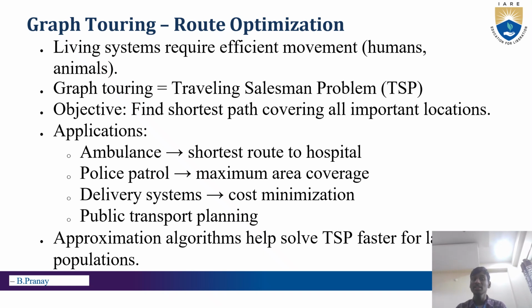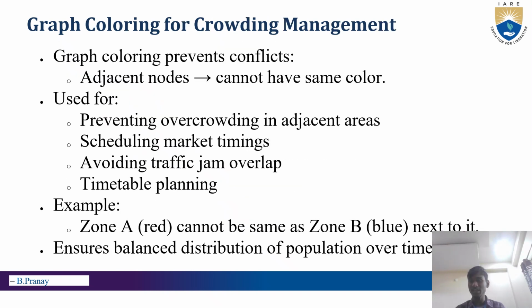Police patrols need maximum area coverage to check for corruption. Swiggy and Zomato delivery people have to deliver orders on time and require the shortest path to cover as fast as possible. Next is public transport planning. Approximation algorithms help solve these problems, and this will be helpful for the population.